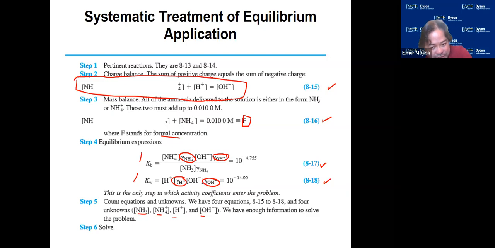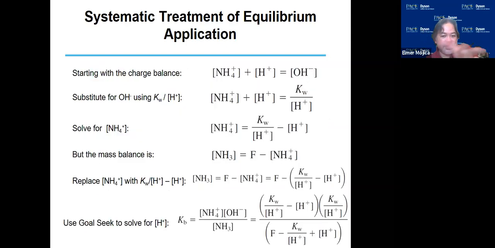If we summarize the problem that we have there, here is how it will look. You start with the charge balance equation. You have NH4 plus and H plus, that's your positive ions, and on the other side, you have the hydroxide.